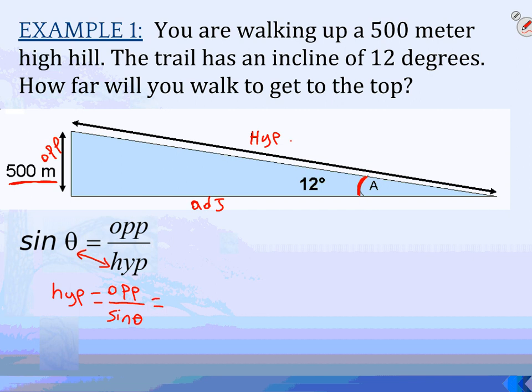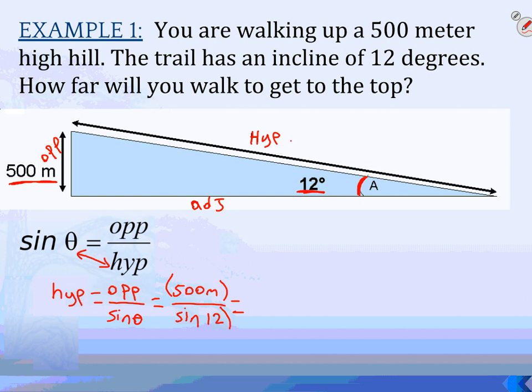And then I can plug that in. This would be 500 meters divided by the sine of theta, which is the angle that you're given, so that's the sine of 12. Alright, so you can plug that into your calculator. Make sure that you put parentheses around the 500 before you do that.